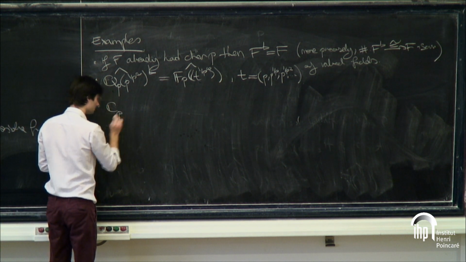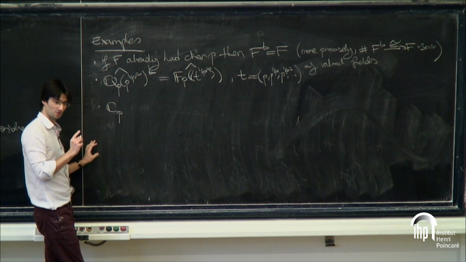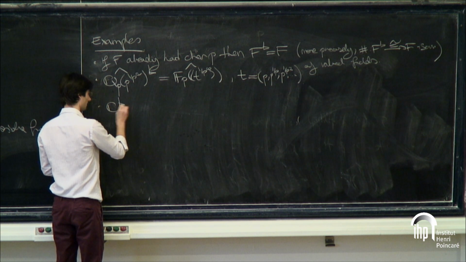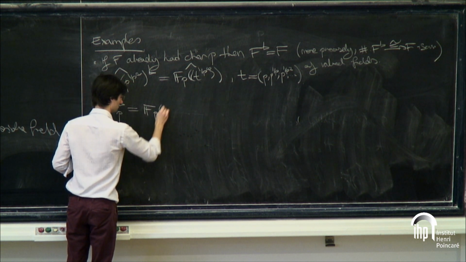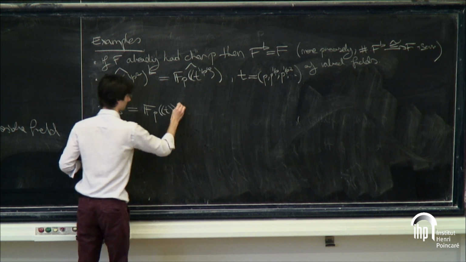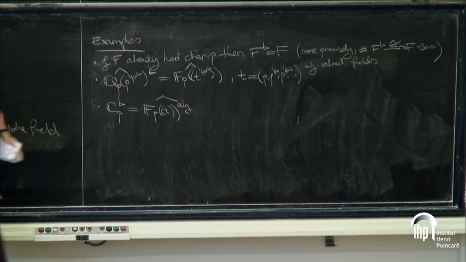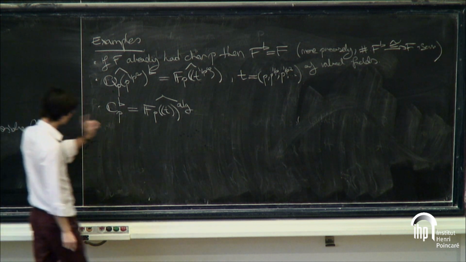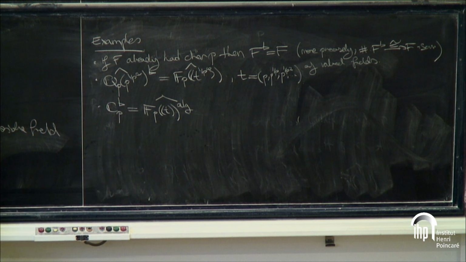So I had Cp. That was my completed algebraic closure of Qp. I can tilt that, and in that case, I'll get a completed algebraic closure of Fp((t)). And it's already not so easy to prove that the tilt of an algebraically closed perfectoid field is again algebraically closed.